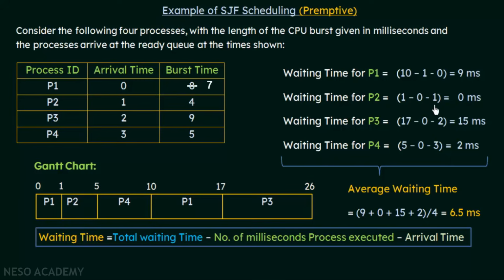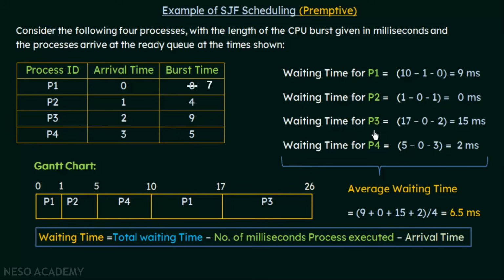So 1 minus 0 minus 1, which is 0 milliseconds. So P2 did not have to wait for any time. If you look at the Gantt chart, we may think that P2 waited for 1 millisecond. But if you really analyze it, you'll see that though P2 arrived at time 1, since its burst time was less than that of P1, P1 was preempted. And as soon as it arrived, P2 got the CPU. So that is why the waiting time is 0.